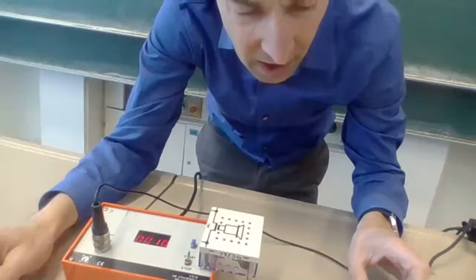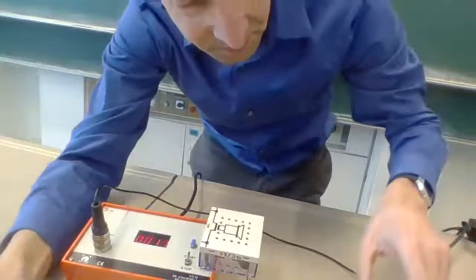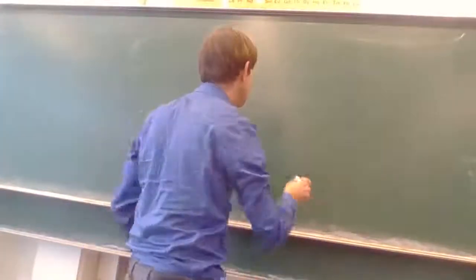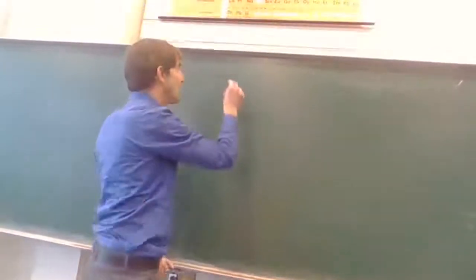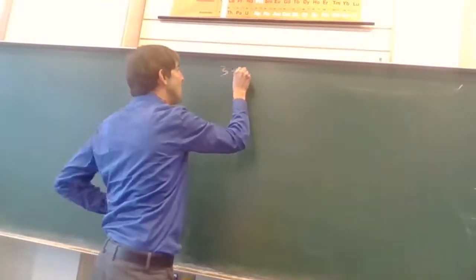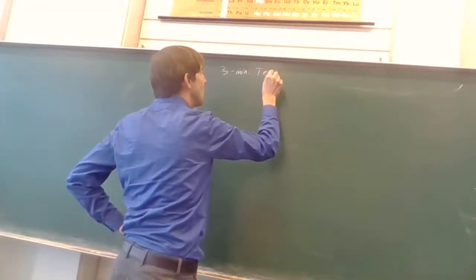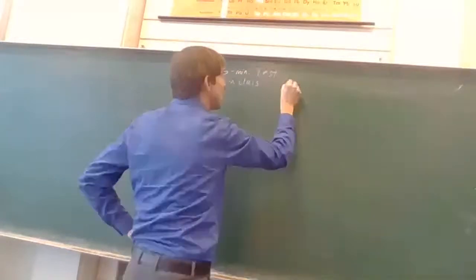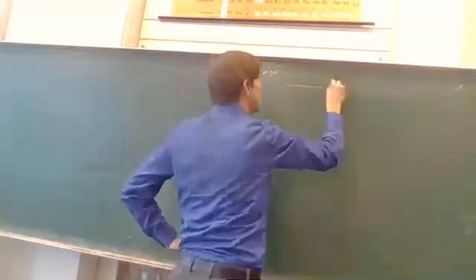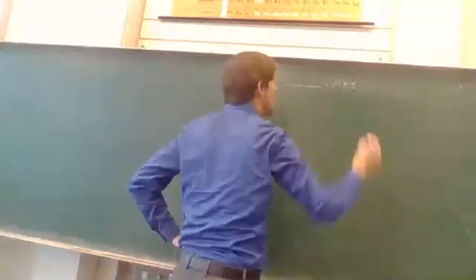So, on your notes, I'd like you to do 2 things at once. First off, you can make a little spot for the 3-minute test. One way to describe the radiation is in clicks, okay?